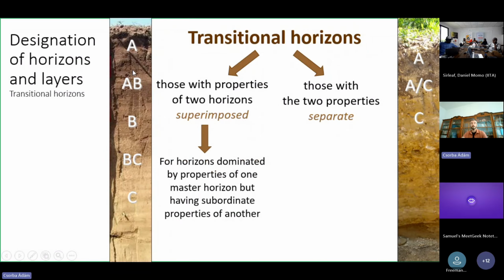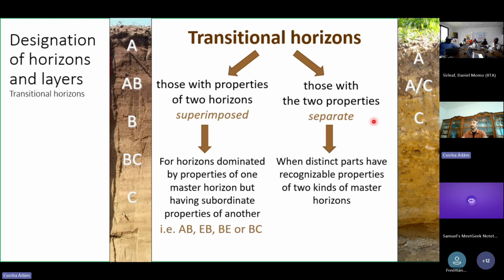When we say AB horizon, that means we have a continuous, gradual transition from the A to the B horizon. When we have a BC horizon, that means we have a gradual transition from the B into the C horizon. This is when we have superimposed transitional horizons.